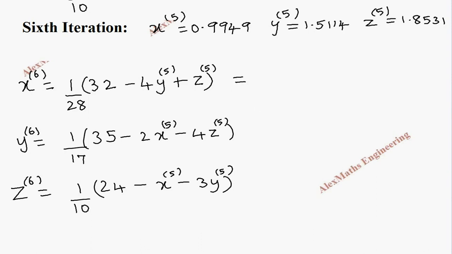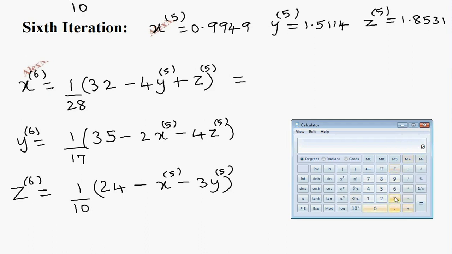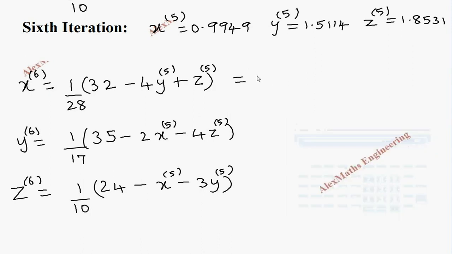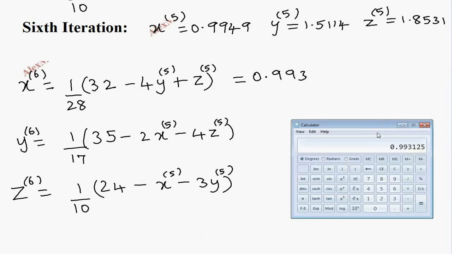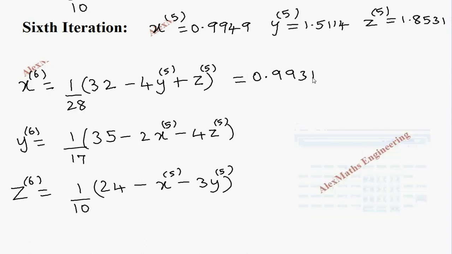Now x of 6, take calculator, 32 minus 4 into y of 5, 1.5114 plus z of 5, 1.8531, the whole value divided by 28, 0.9931, when we round up to 4 decimal places.